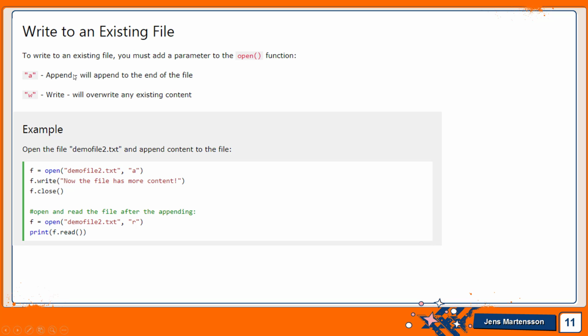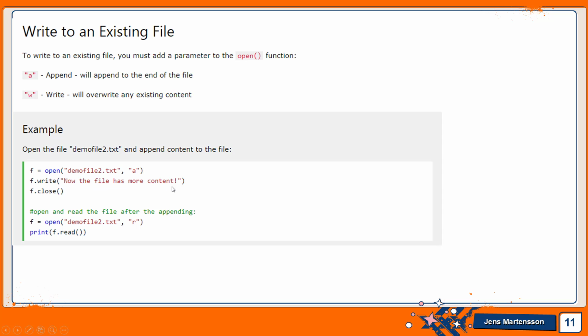Write to an existing file. To write to an existing file, you must add a parameter to the open function. A, append, will append to the end of the file, and W, write, will overwrite the existing content. For example, open demofile.txt, open and write.